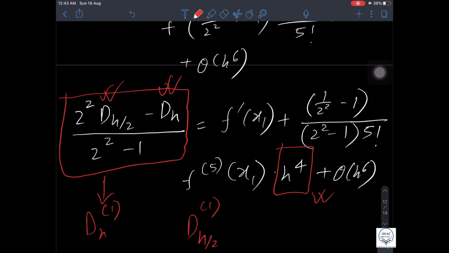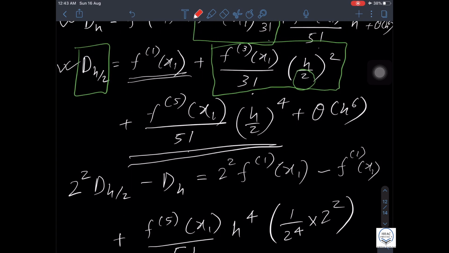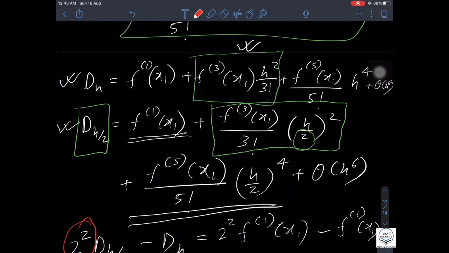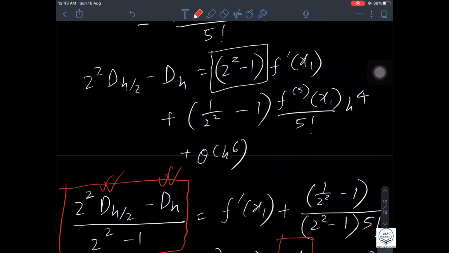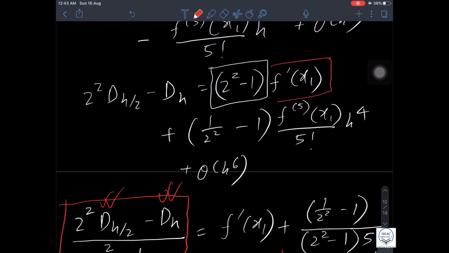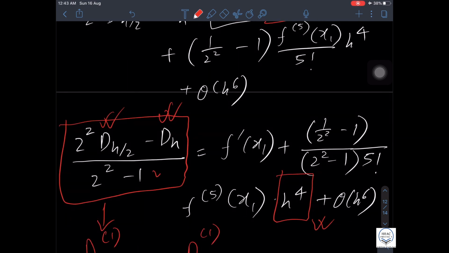So first you choose this multiplicative factor 2^2 in such a way that you want to cancel this term, and then you get some coefficient before f prime. Here for f prime, you have a 2^2 minus 1, so you divide by that, and then you get it. Alright, and which makes sure that my error is of order h to the power 4, which was h squared before.